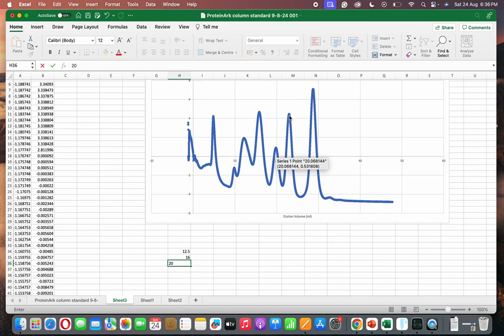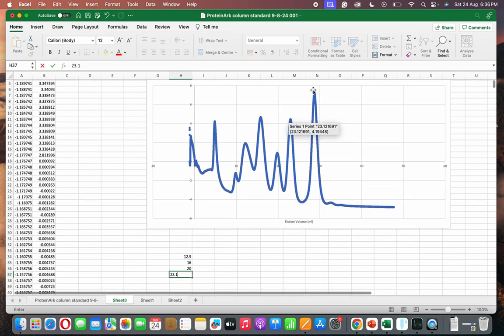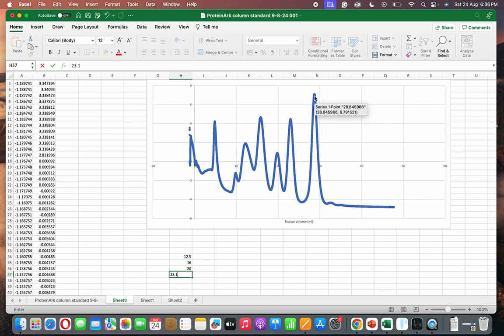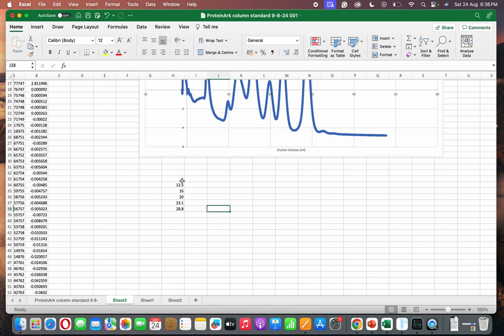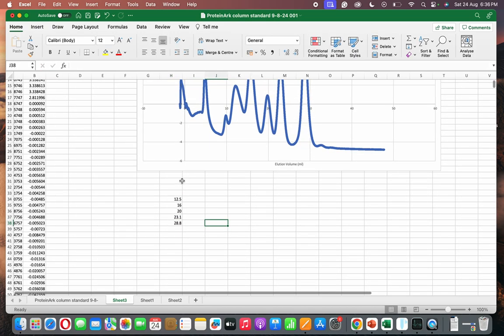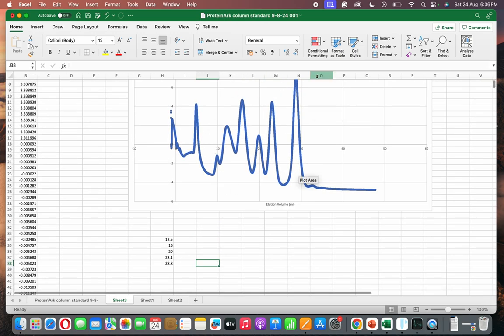This is just an approximate estimate, but this will be maybe around 23, yeah, 23.1. And this will be somewhere around 28 ml, I think, 28.8. So these are the 5 peaks that we got in our standard run.